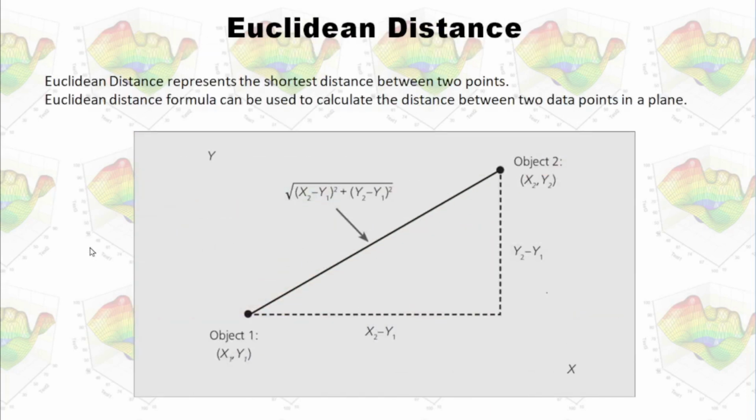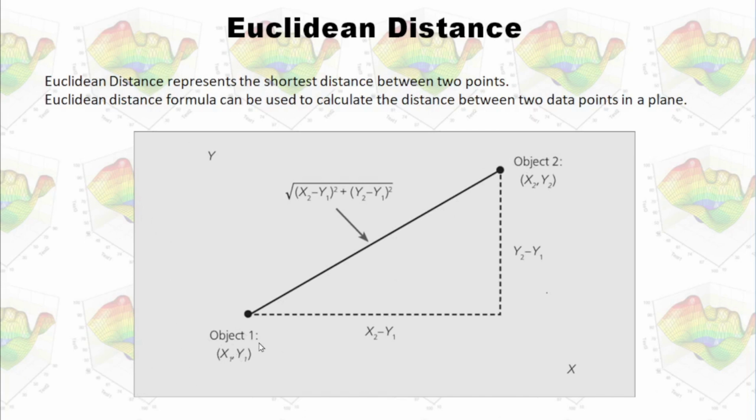First, let's talk about Euclidean distance. Euclidean distance represents the shortest distance between 2 points. Now, let's think about this example. There are two objects located in this two-dimensional space.